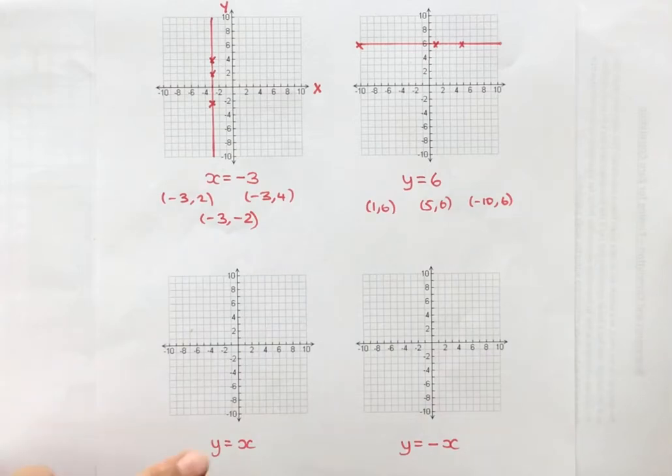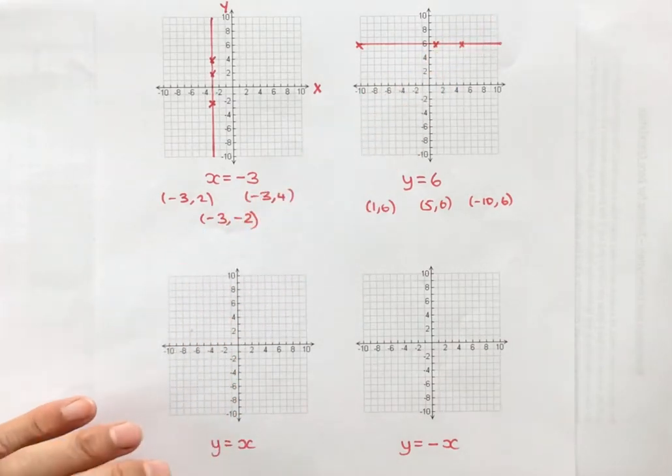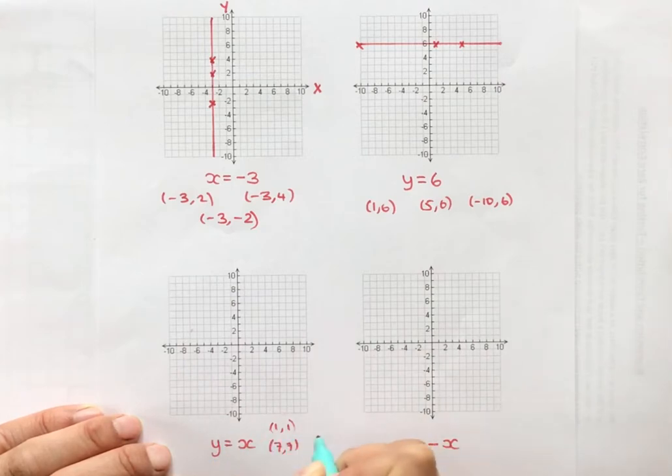If you have the line y = x, if it has x's and y's in it, it will be a diagonal line. And the line y = x, the y coordinate is always the same as the x coordinate. So it's things like (1, 1), where our x and our y coordinates are the same. It could be (7, 7). It could be (-3, -3).